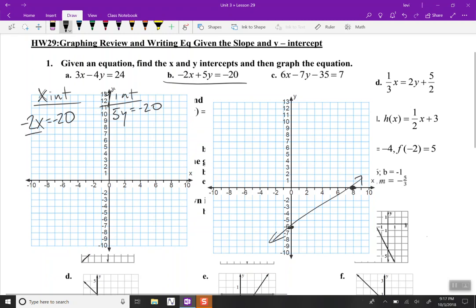So to find our x-intercept, we divide by negative 2. X equals 10. That's the point (10, 0). We can graph that over here, (10, 0). And our y-intercept, divide by 5. So y equals negative 4. So that's the point (0, negative 4), right here. And there's our graph.